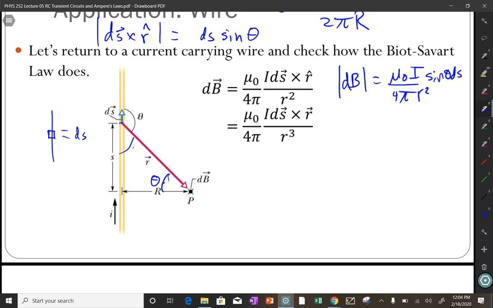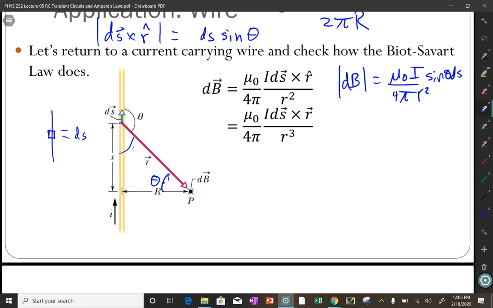Okay, so that's our dB magnitude. Now we need to break into components. Just using this picture here, what direction is dB pointing? I know you can figure it out from the picture, but I want to use the right hand rule. Which finger is first? The index finger is ds, right. So ds is pointing up.